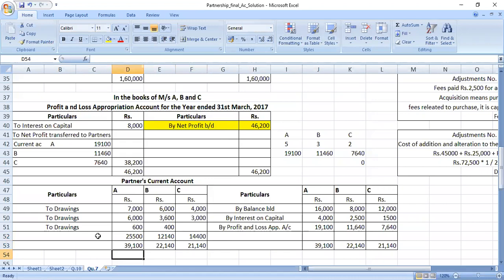So I hope you understood this particular balance. We can say to balance carried down. See that friends, use your calculator and you have to find out.